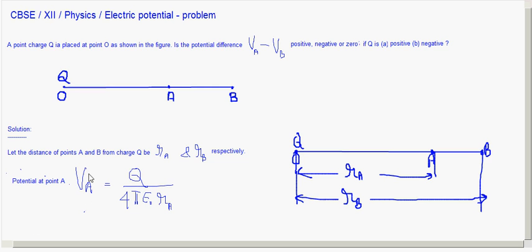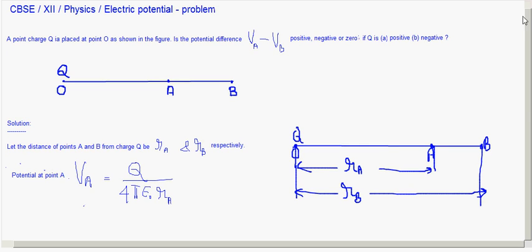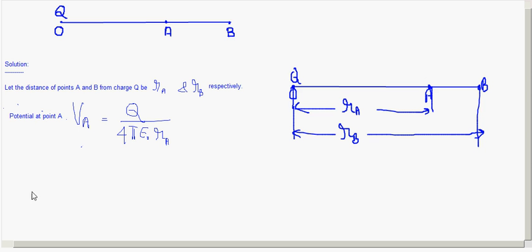Similarly, potential at point B due to charge Q is given by VB equals Q divided by 4 pi epsilon naught into RB.